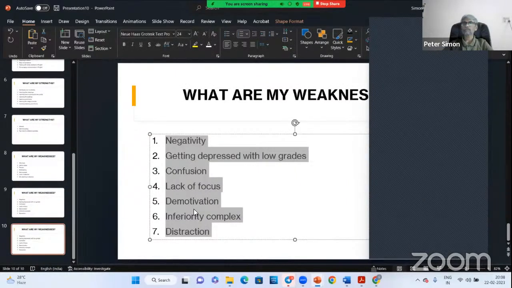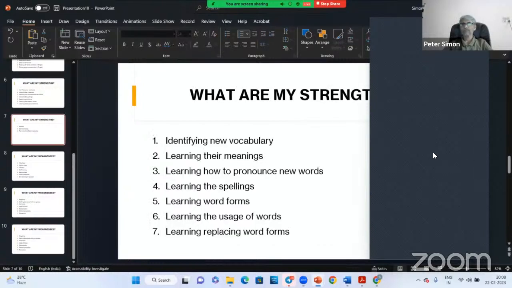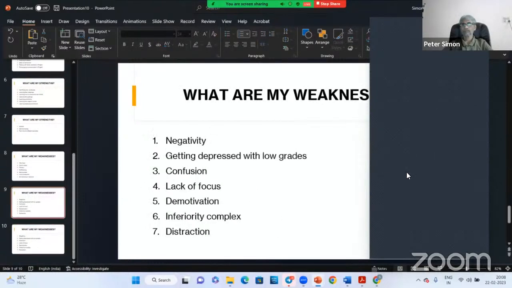Yes, some more points. All these points you can take. If you have negative points, you can make them into positives.